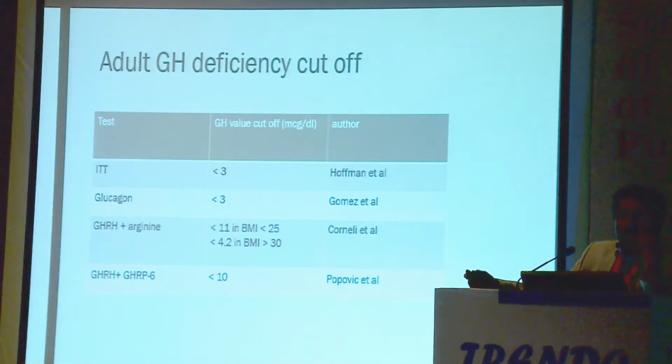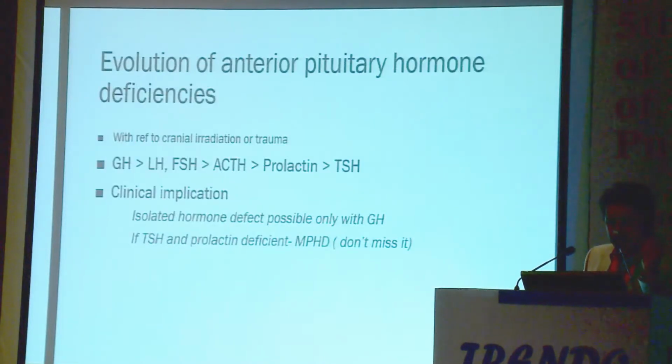A normal individual who is obese, when the BMI is more than 30, may have a normally low growth hormone level, which can produce a false positive when you use a higher cutoff. So in patients who are slightly on the obese side, a stimulation test cutoff of 4 is used, as compared to a lean individual where a cutoff of 11 is used with the GHRH arginine stimulation test.